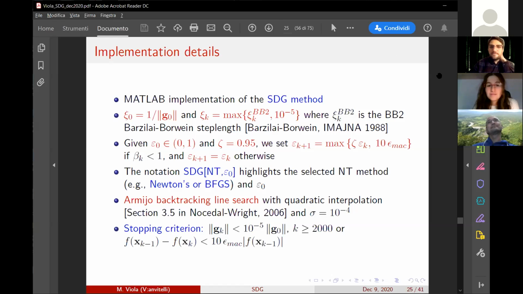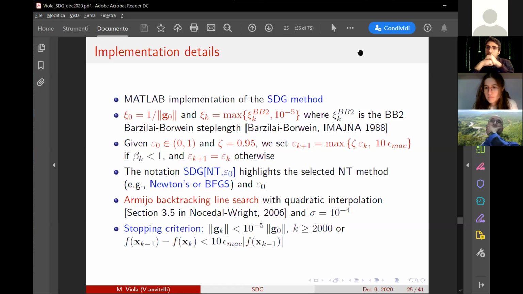Any other question? May I ask one, Marco? Yes, of course. The discussion you make on the possibility of the line search to fail because Newton direction may be a poor descent direction is frequently overcome by the trust region approach.